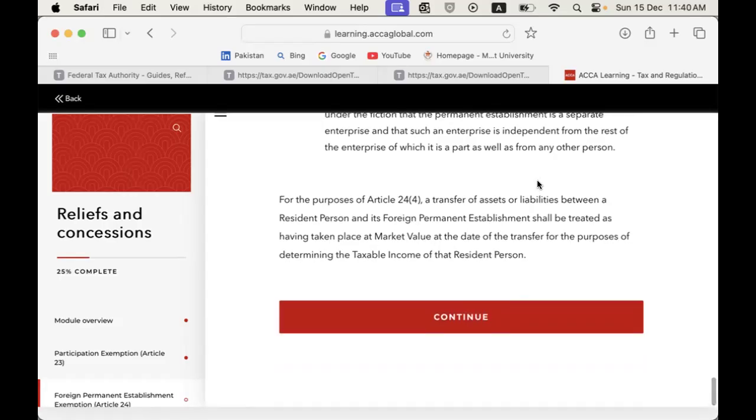Sorry, just one question. So we said that we don't have the pick and choose method, right? So in that case, why would we be worried about attributing it to each and every branch? Because when I say we don't do pick and choose, what I was saying was, especially in case of Article 24, which is the foreign permanent establishment exemption, we are excluding the profits from UAE books.